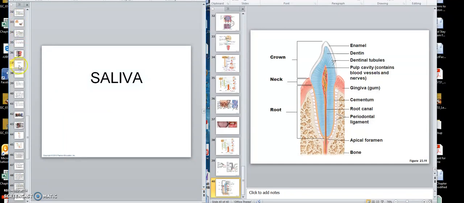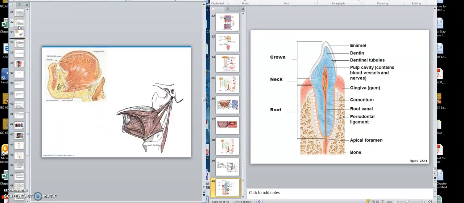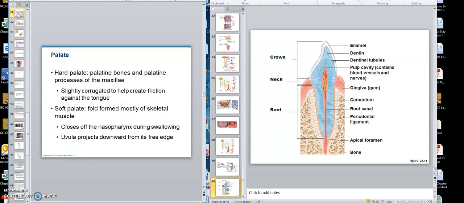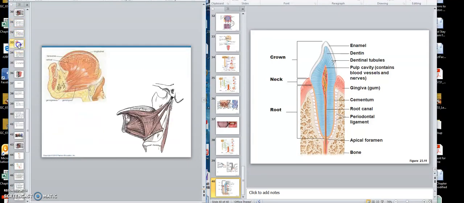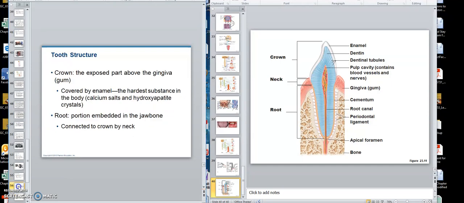Remember when we did the tongue? We talked about the various taste buds and everything. So now I want to go to my taste PowerPoint in just a second, but I'm going to go on down and finish this.